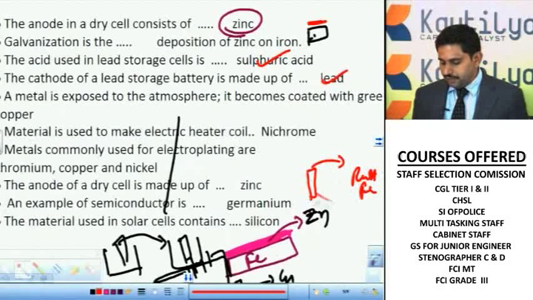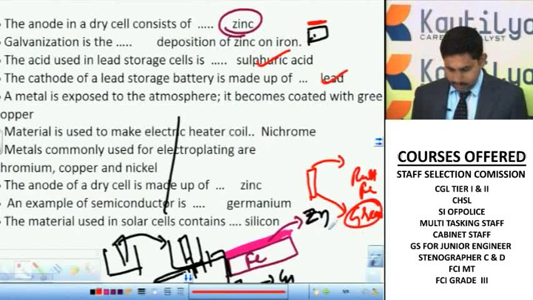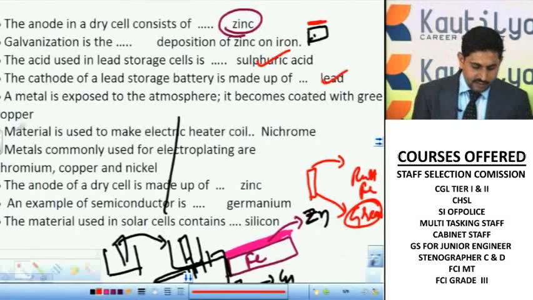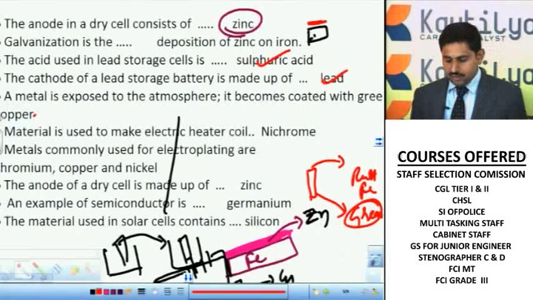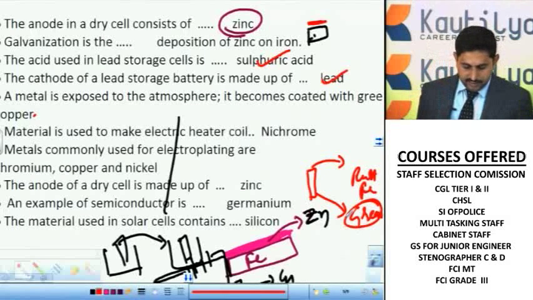At the same time, if some X metal is exposed to the atmosphere and it is converted to a green color, then it is considered copper. It is coated with a carbonate and converted to green color, whereas iron is going to be rusted, that is in brown color.